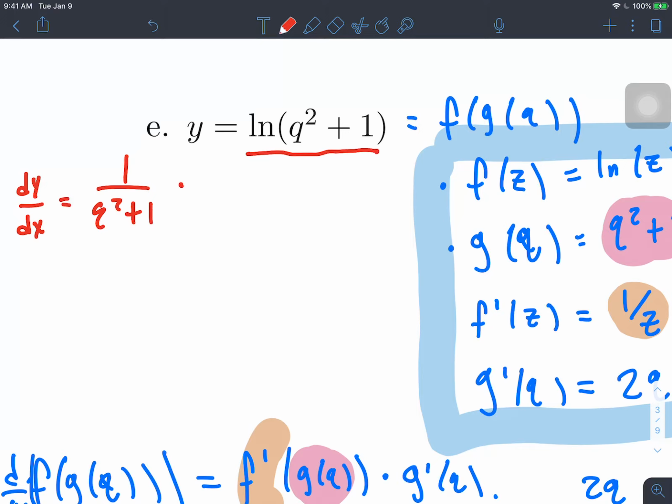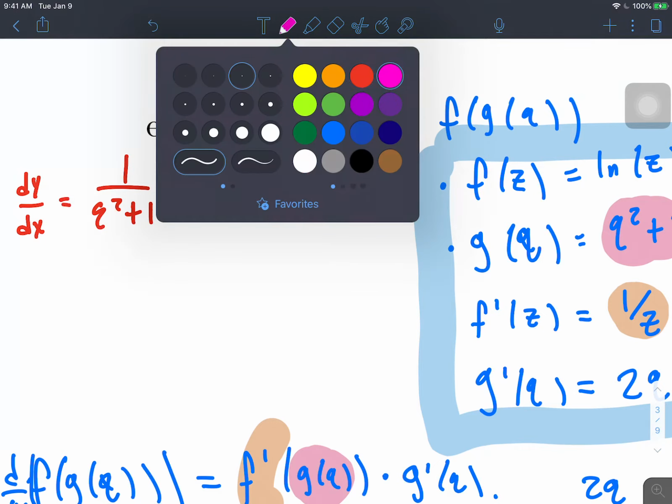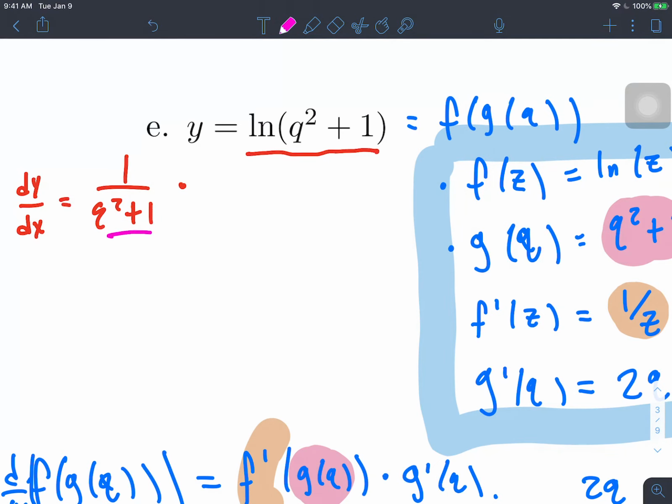And then I'm going to multiply by the derivative, which I get from the chain rule, of this q squared plus 1. That's just the derivative of that thing, which is 2q. Okay, so that's how you might do it once you're really comfortable with the chain rule.